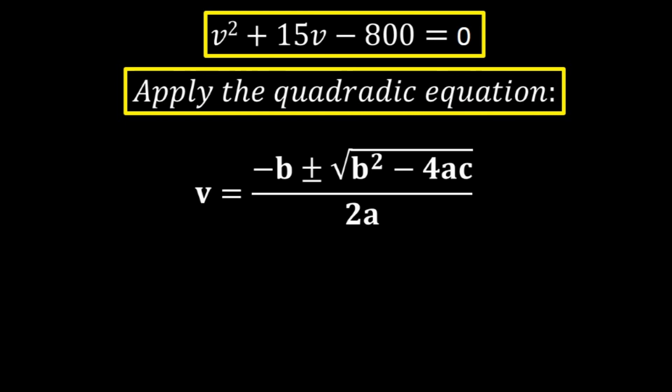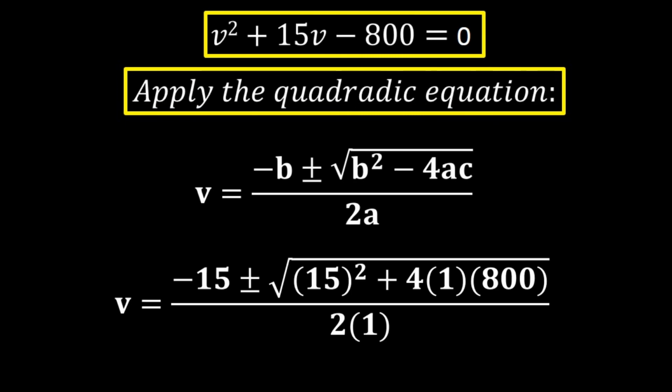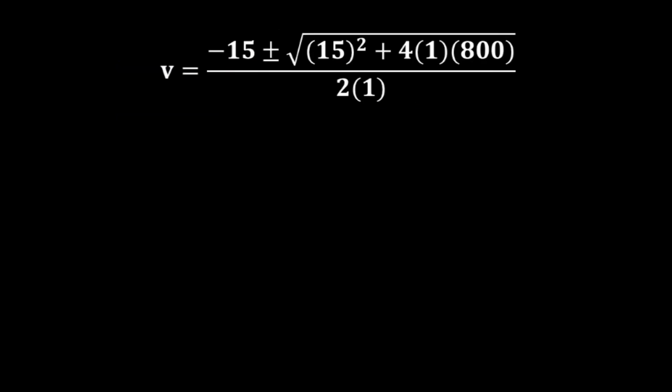Negative b plus or minus the root of b squared minus 4ac, divided by 2a. Plug in. Negative 15 plus or minus the root of 15 squared plus 4 times 1 times 800, divided by 2. Remember, it's negative 15 plus or minus the root and then divided by 2.